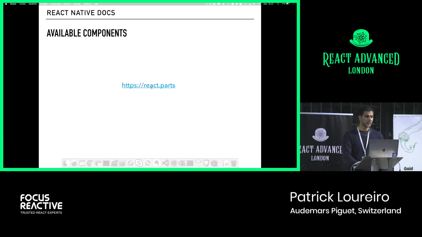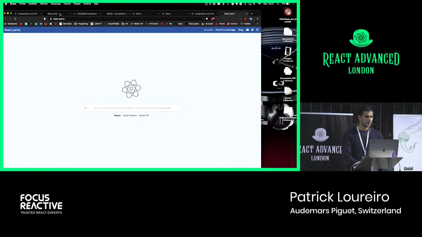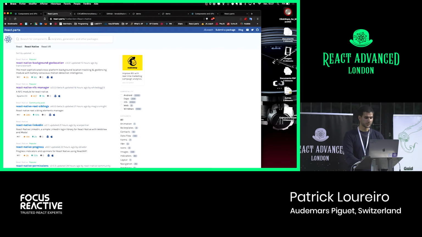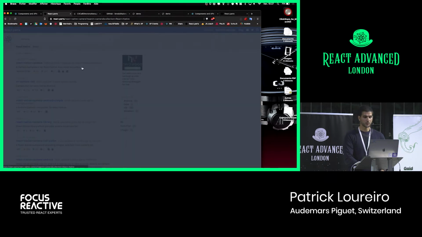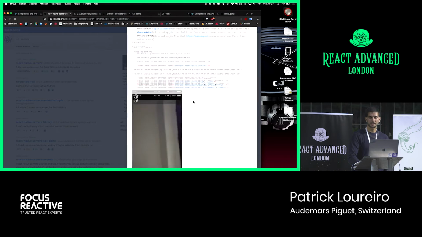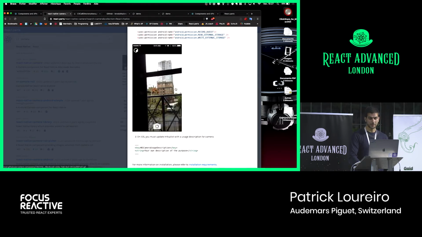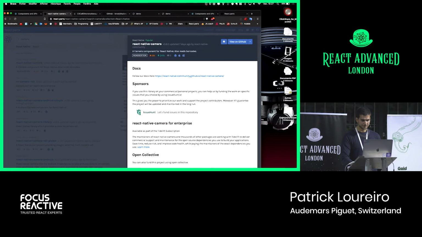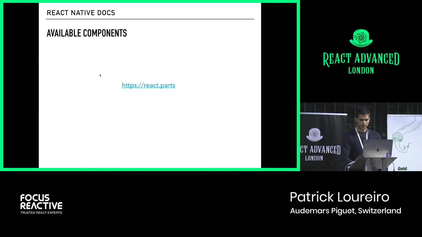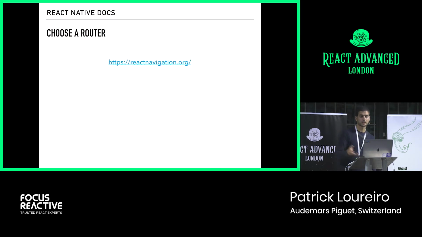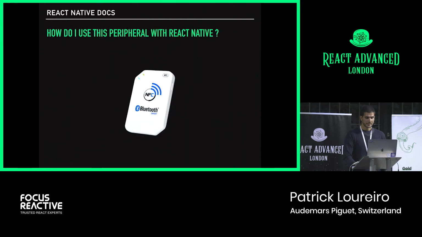Then you can go to React Native directory to choose, for example, we need the camera, so you already have a component that implements the camera, it's already mapped, so it's very useful. And of course, you have to choose a router. I just chose the regular one, but there are many more. And then you need to map this device.